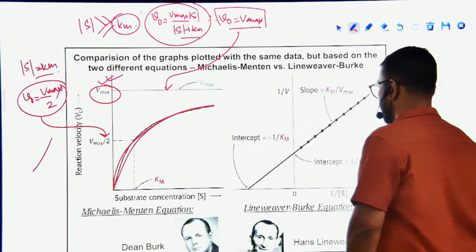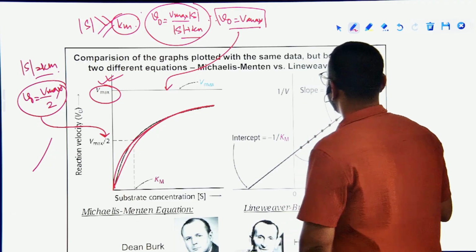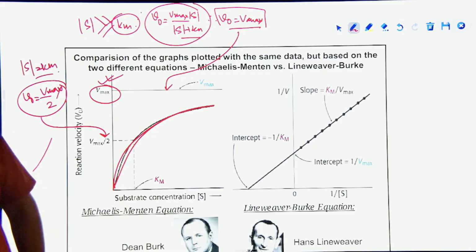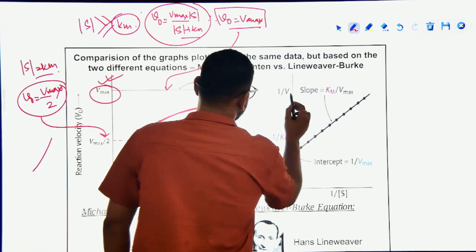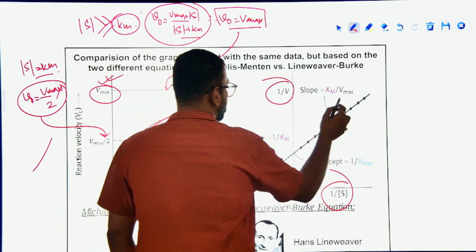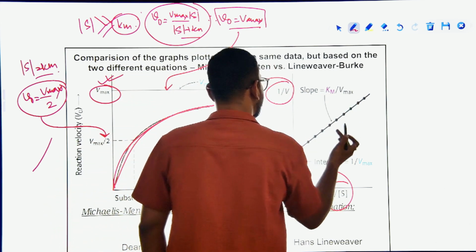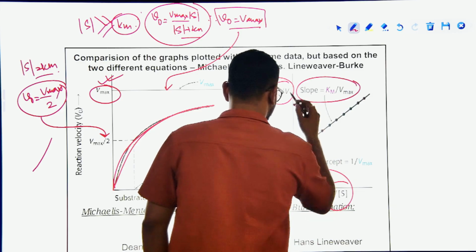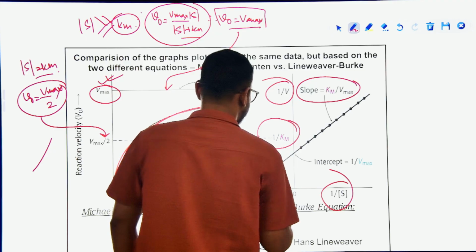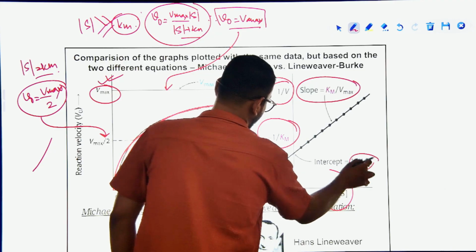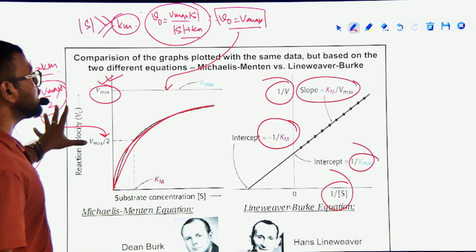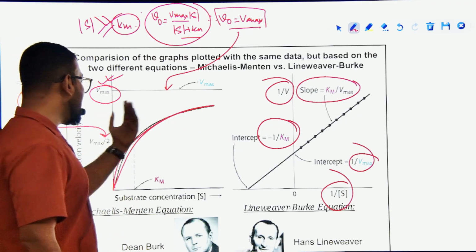As a result, what we are receiving is the equation that I have previously mentioned: 1 by V equals Km by Vmax into 1 by S plus 1 by Vmax. The x-axis is 1 by S, the y-axis is 1 by V, and the slope, as I have mentioned, is Km by Vmax. The y-axis intercept is 1 by Vmax, and the x-axis intercept is minus 1 by Km. This is how the overall Lineweaver-Burk plot is established.